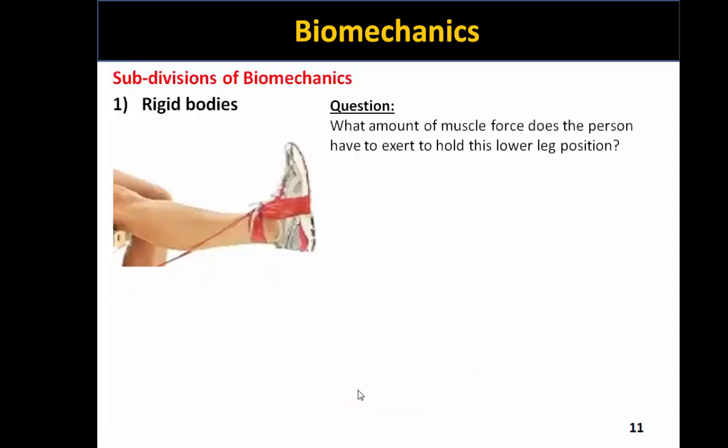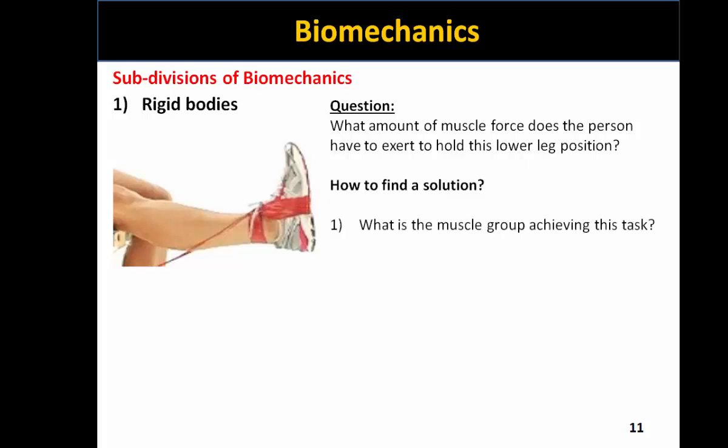One particular question that we will ask throughout this course in situations such as this is, how much force must the person generate to hold the leg in this position? Keep in mind that the weight of the leg and the foot is something that the person's muscles have to work against, in addition to the force exerted by that elastic tube.